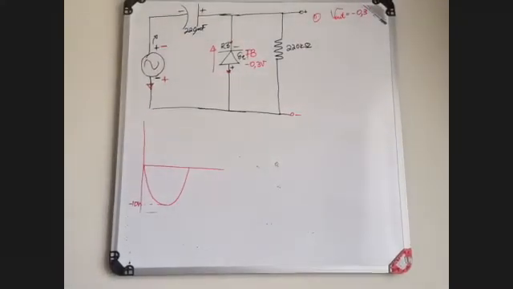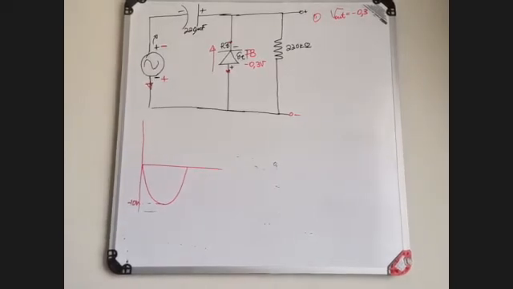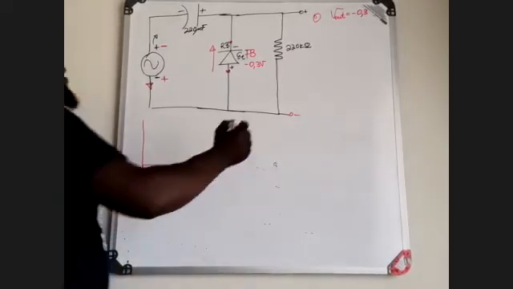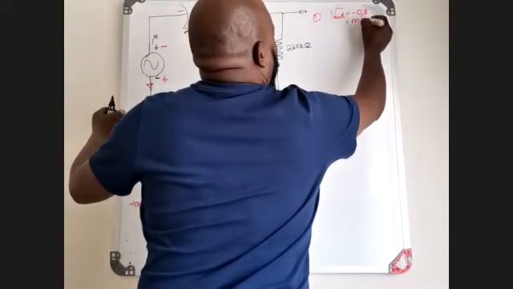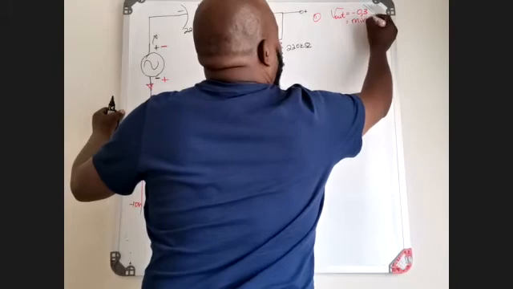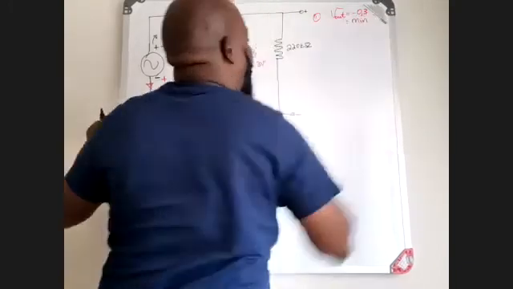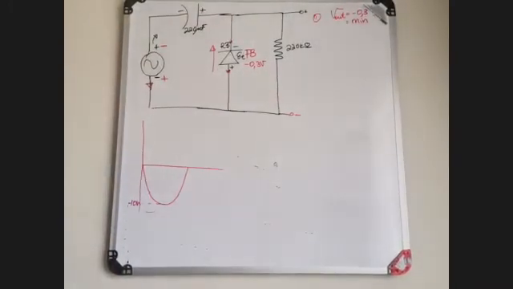And if your V out is going to be minus 0.3 volts, this becomes your minimum turning point.